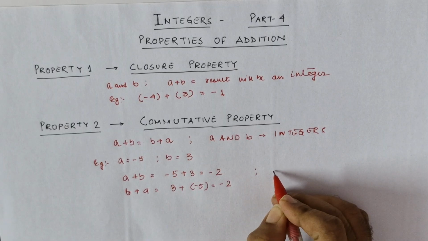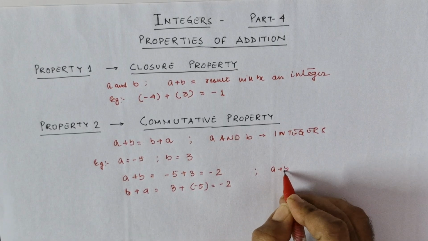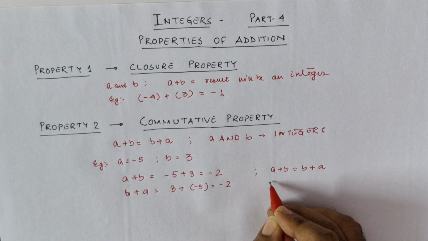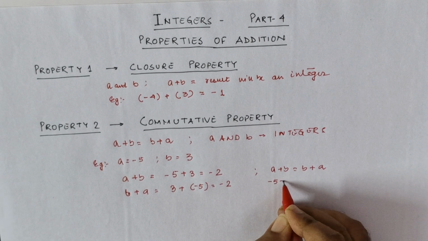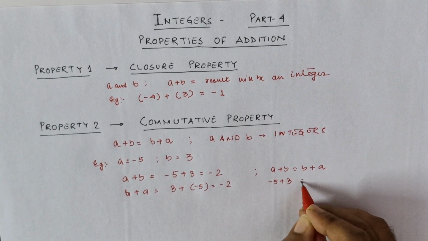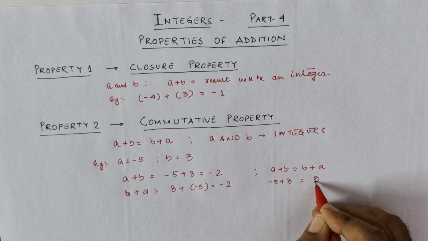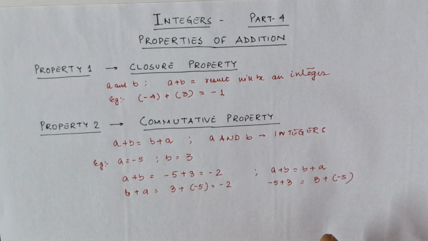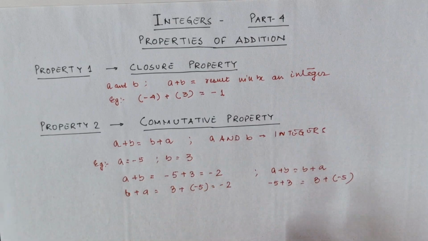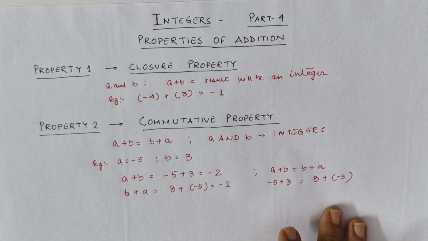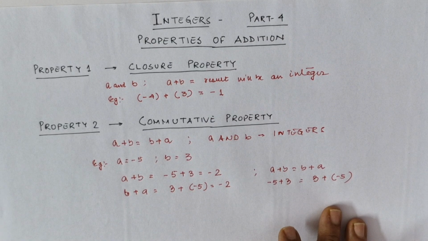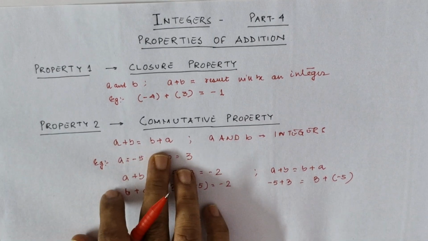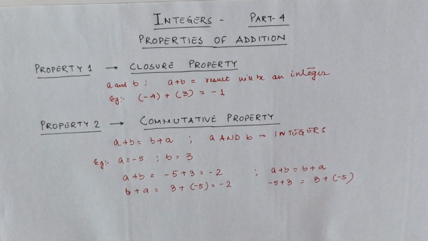So it proves that A plus B is equal to B plus A, means -5 plus 3 is equal to 3 plus -5. Got it? So this is commutative property. If you change the order, the sum of the two integers will always be same.